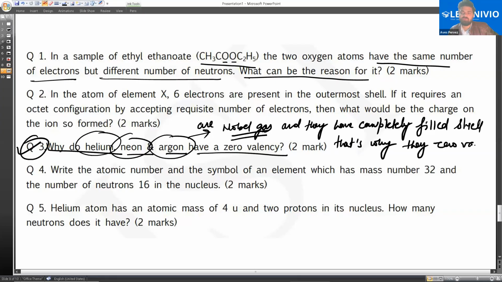It means they don't require any electrons. They don't combine with any element because they already have a completely filled shell. Okay, so note it down.